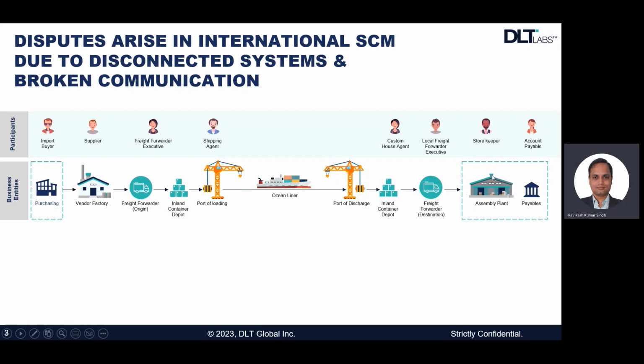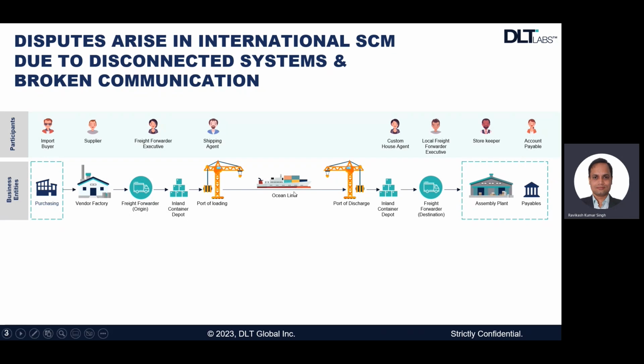Business case of an automotive manufacturer would be importing tires to Canada. As we can see, international supply chain involves an array of stakeholders, numerous documents, multiple systems, and a lead time which ranges from days to months.